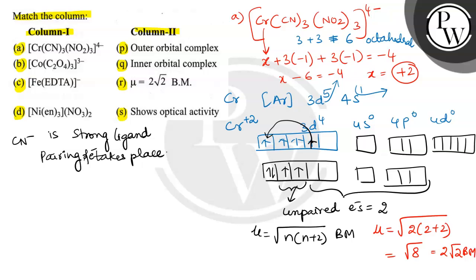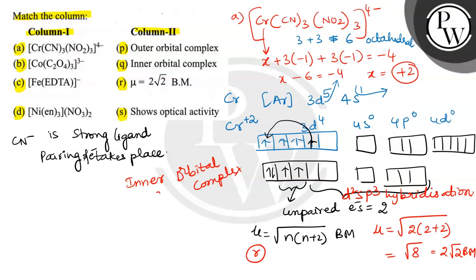So it is matching with point R, and as it is d2sp3 hybridization, inner d orbital is involved in the hybridization. So it is an inner orbital complex. So it is matching with Q, inner orbital complex. So A option is matching with Q and R.